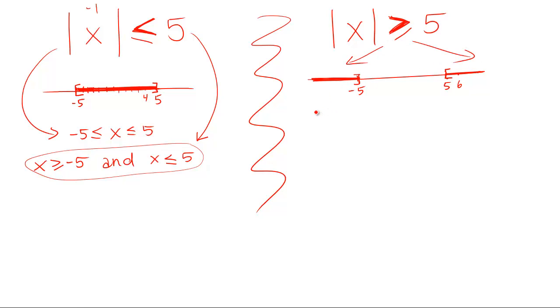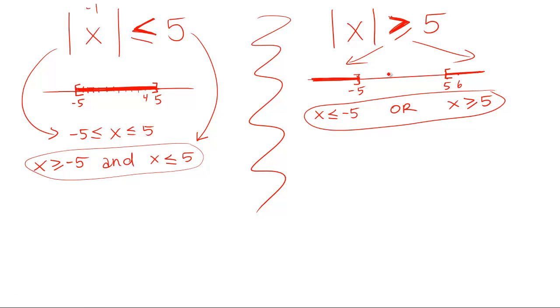So then we have x being greater than or equal to 5, or x being less than or equal to negative 5. Now we have an OR statement here because we want to have both parts be included. So this is just a reminder of how you split your absolute value equations or inequalities.